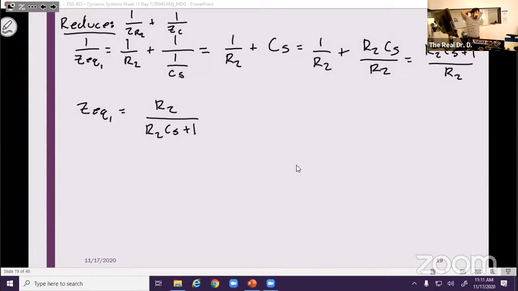What's first order standard form look like? What we got? Any takers?